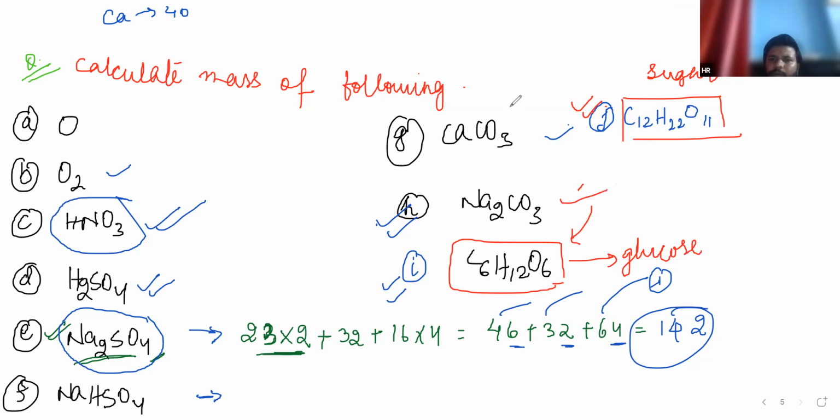Na2CO3, sodium carbonate, calcium carbonate, sodium hydrogen sulfate, sodium sulfate, hydrogen sulfate, that is sulfuric acid, nitric acid. Okay. So let me know the answer of J, then we will move to the next slide.